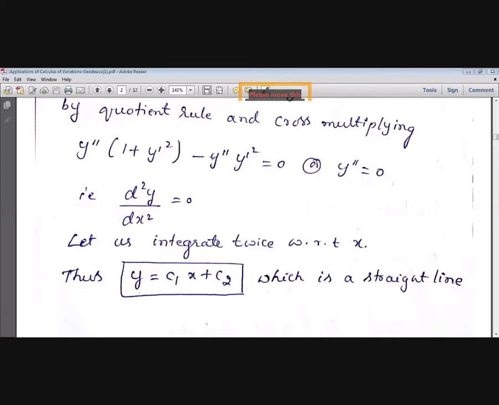Here 1 plus y dash square minus y dash square. This y dash square will get cancelled with this y dash square. Only y double dash will be left. So that is nothing but d square y by dx square. Okay, integrate twice. This is the answer.